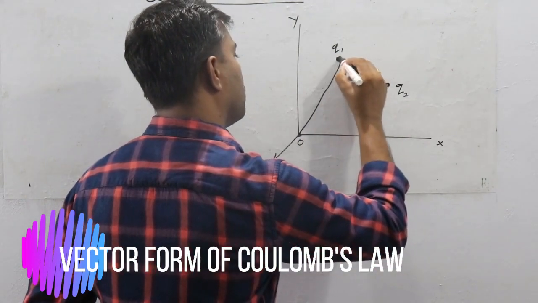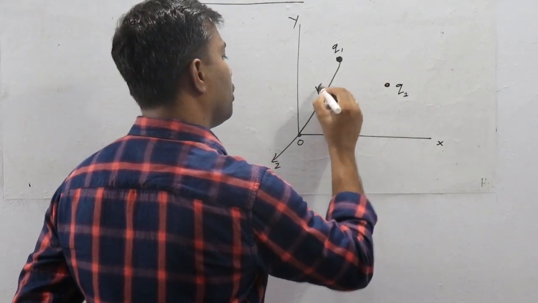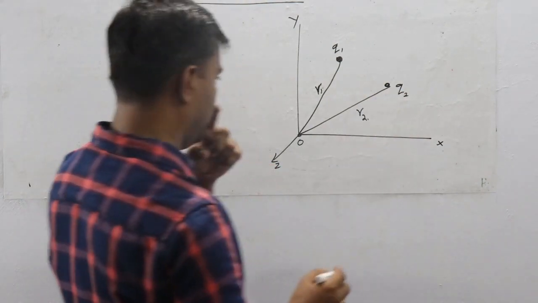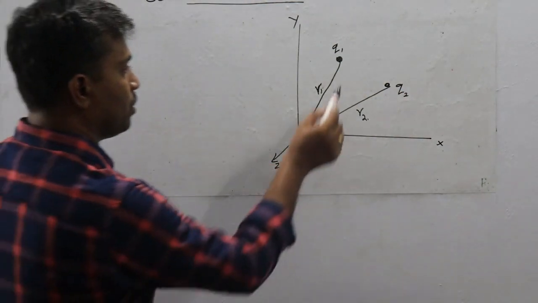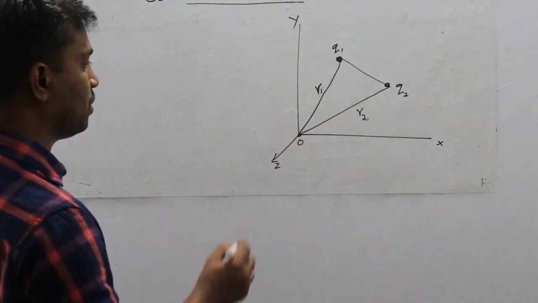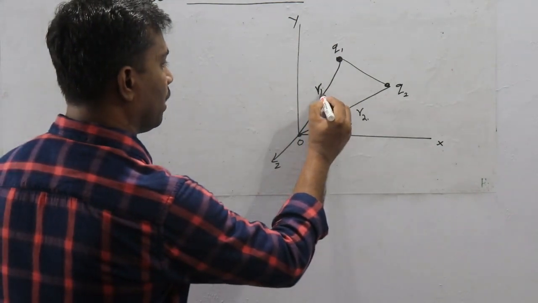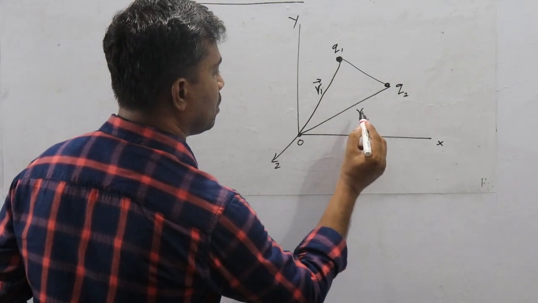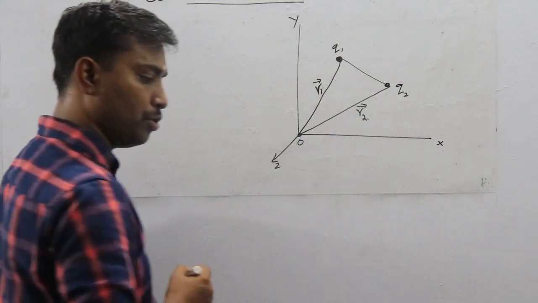Here R1 is the position vector of Q1 and R2 is the position vector of Q2. This is the separation between Q1 and Q2.